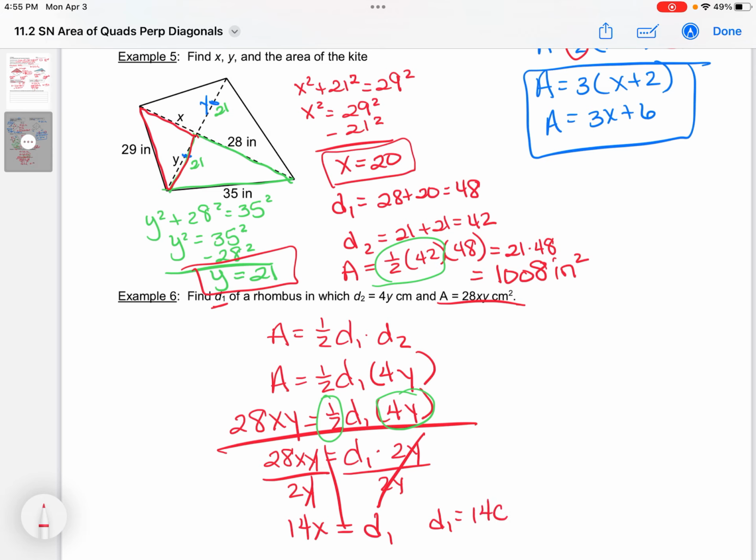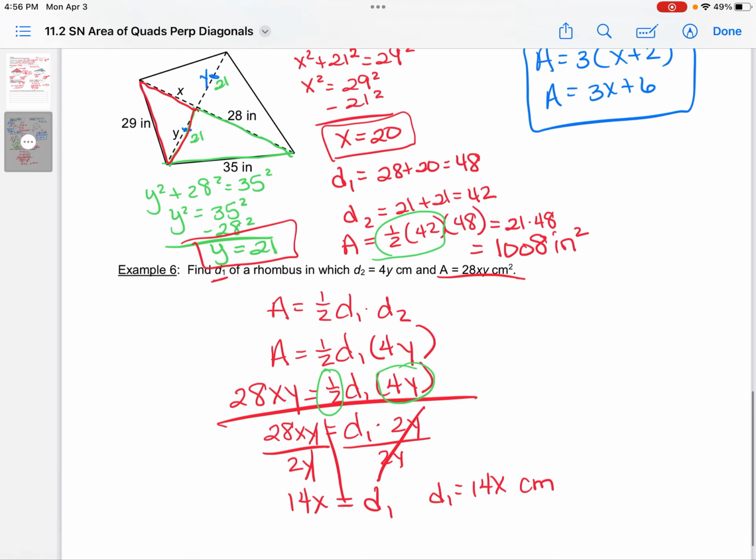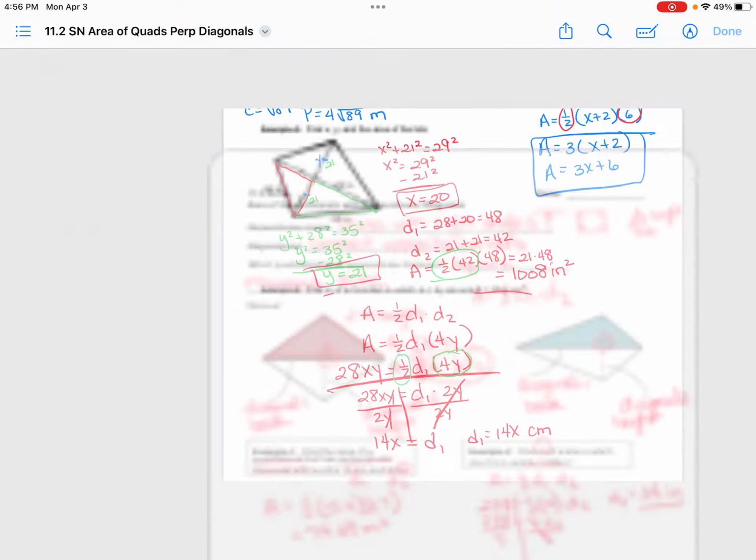So it's really D1 equals 14x centimeters. All right, so one formula for all the different shapes, all three different shapes we had that had perpendicular bisectors.